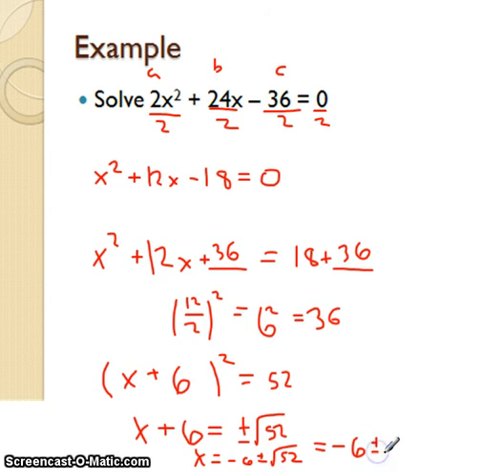The idea is if I can find factors of 52 that are perfect squares, then I can clean it up. 52 is 4 times 13, and so that will allow me to rewrite this as -6 plus or minus square root of 4 is 2 times square root of 13. So even though my first answer wasn't wrong, this is the answer I'd want to look for.